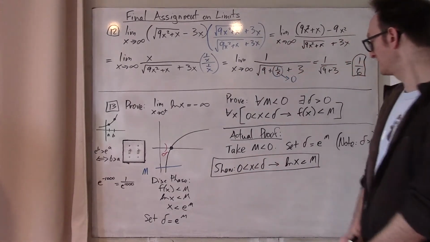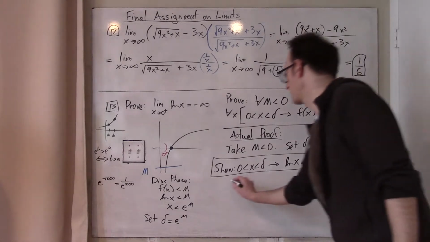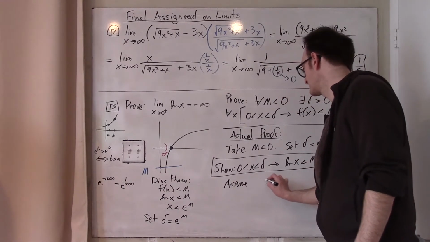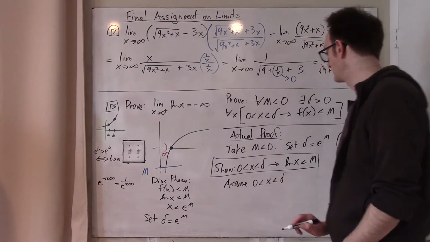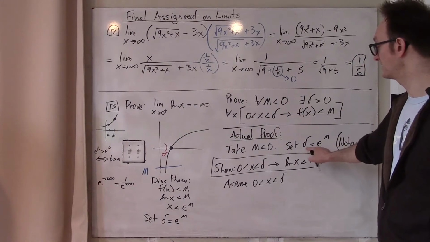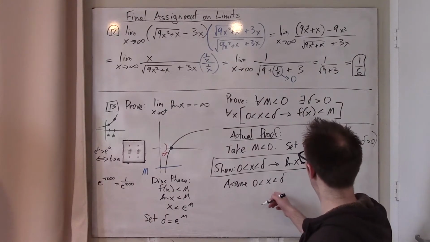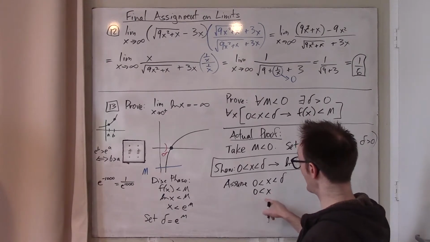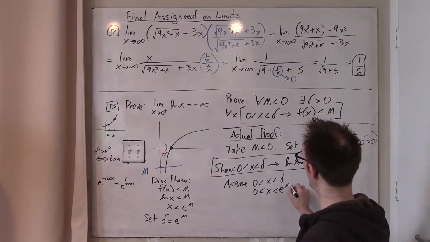Okay, so how do I establish this conditional? Just by doing the proof. So assume that x is some tiny number which is positive but less than delta. Well, I defined delta to be e to the m, and so I know that x is a tiny positive number that's less than e to the m.